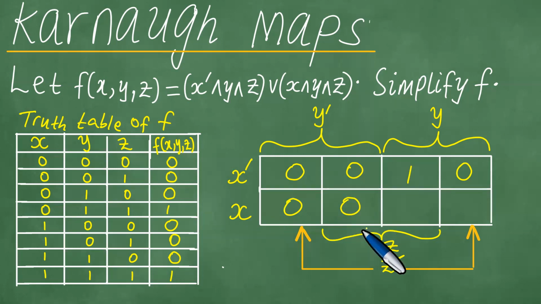Next, you come to this one here because it's X, Y, and Z. 1, 1, 1 corresponds to the bottom row, and that is a 1.